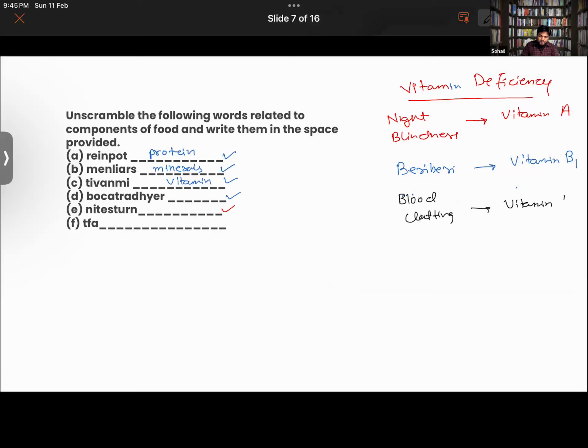If the body is not getting sufficient quantity of vitamin K, then people should be eating green and leafy vegetables. They are a good source of vitamin K. Then similarly, you have vitamin E also. Vitamin E is good for the health of the eye, for the health of our heart.